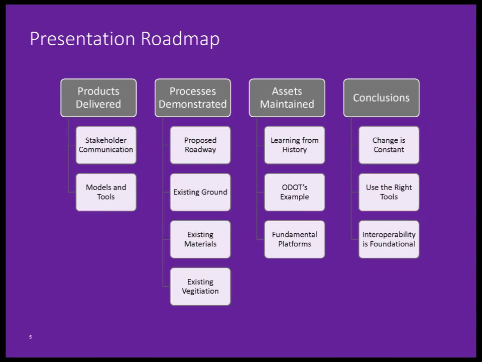Now, how I'm going to communicate this is with this kind of 4-legged roadmap. I'm going to go through the products, the processes, and then have some comments at the end about how this ties into maintaining data asset value through the life cycle of a project.